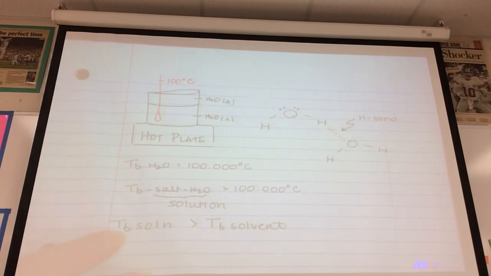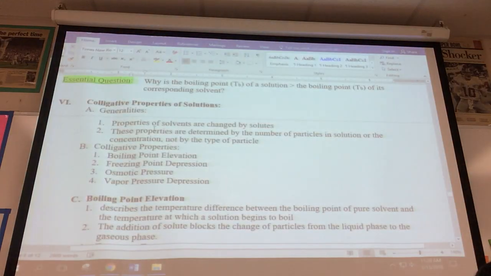Boiling point elevation is one colligative property that we are going to introduce here. Generally speaking, with colligative properties, you will see that the solvent's properties are changed when a solute is added. One change is that the boiling point gets higher, another change is that the freezing point gets lower.